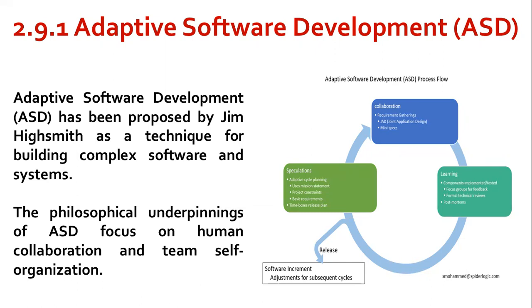As members of an ASD team begin to develop the components that are part of the adaptive cycle, the emphasis is on learning as much as it is on progress towards the completed cycle. ASD teams learn in three ways: by focus groups for feedback, formal technical reviews, and project postmortems.